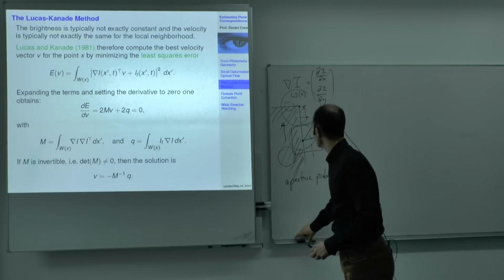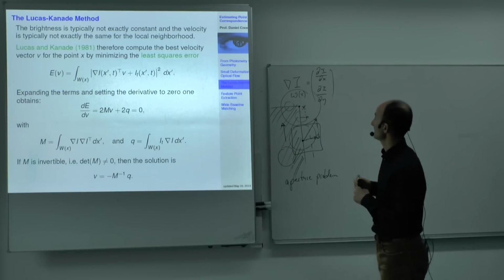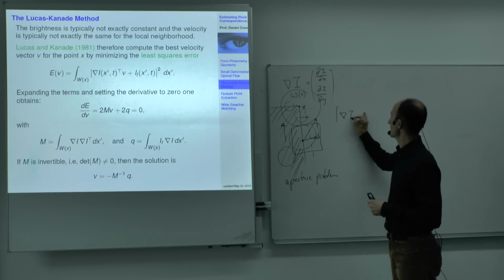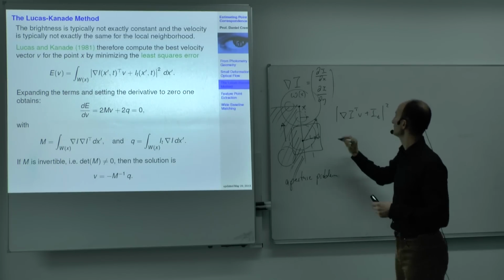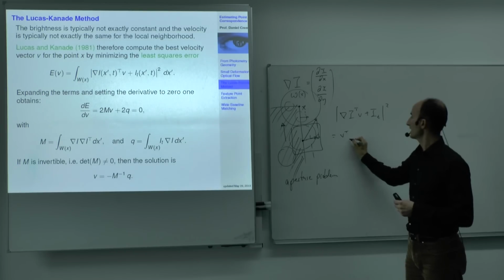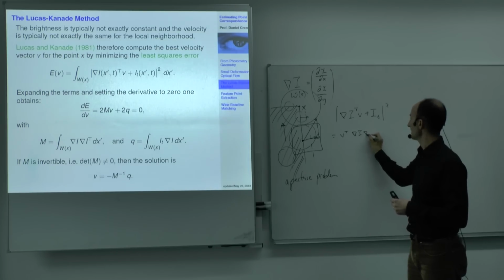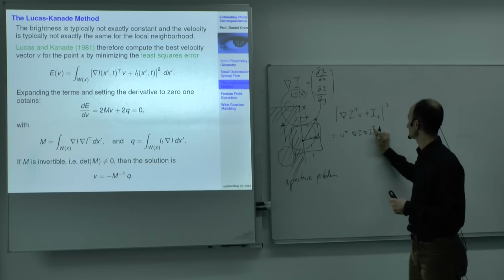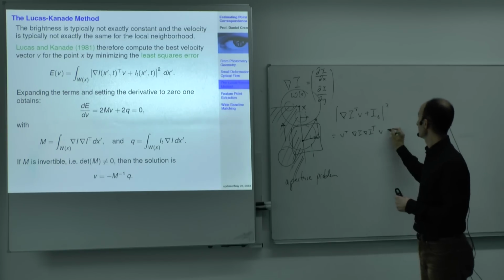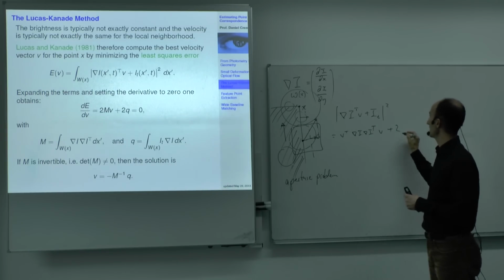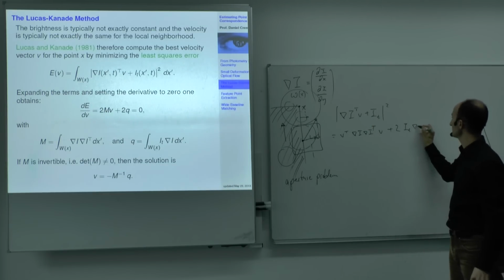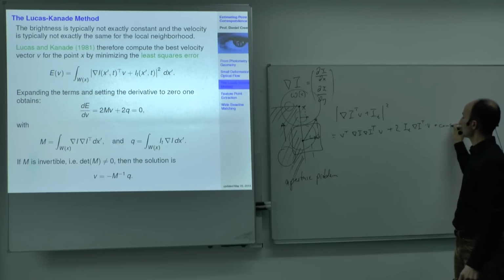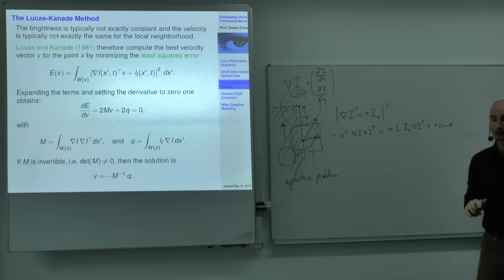And it's not difficult to get to this, maybe to show you a little bit. So what we have here is nabla I transpose v plus I_t, squared. And if we square that, we get v transpose nabla I nabla I transpose v, plus 2 times the mixed term, time derivative times nabla I transpose times v, plus some terms that don't actually depend on v, some constants.